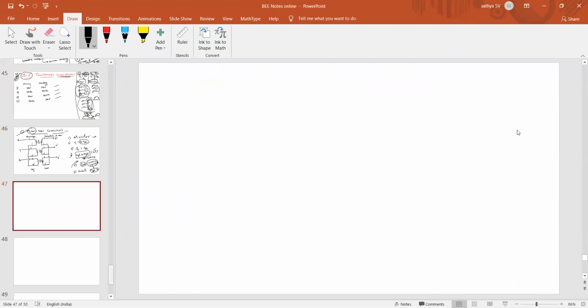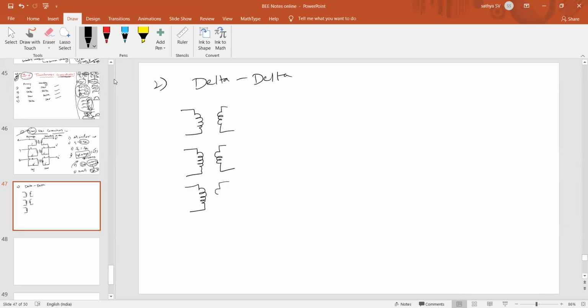Delta, delta connection. You can draw the windings neatly; here in my graphic tablet it is difficult to draw, so with more neatness you can make it neat in your class notes.